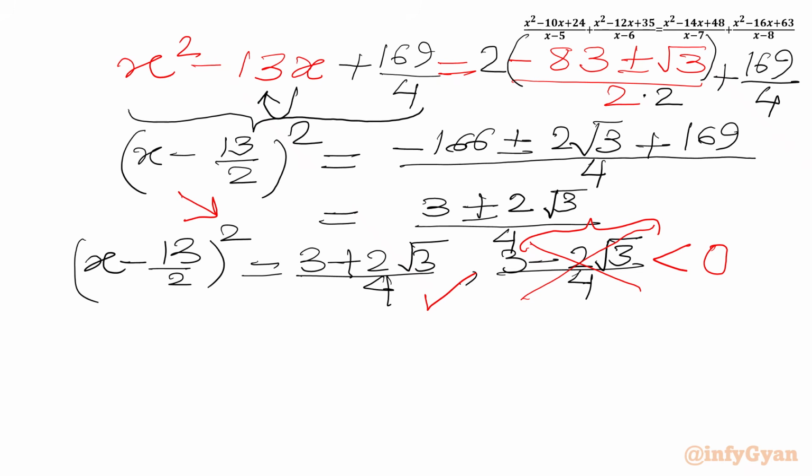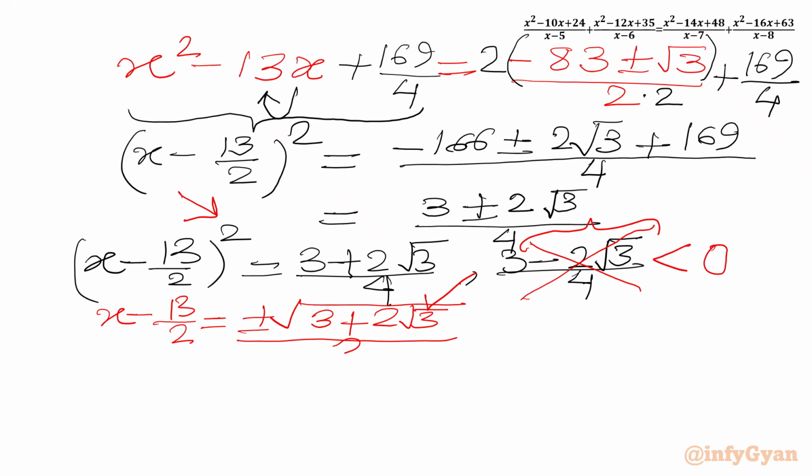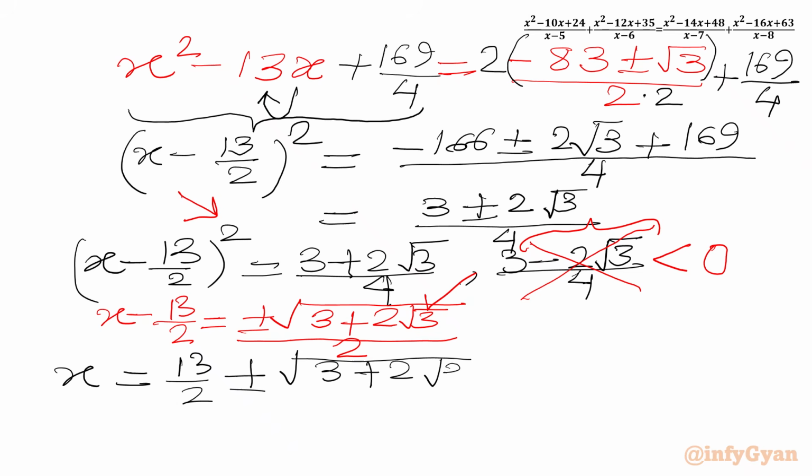We'll take a square root of both sides. So x - 13/2 will be equal to plus minus a square root of (3 + 2 root 3) over 2. Square root of 4 is 2. Now we have to add 13 over 2 to both sides and get our final answer. 13 over 2 plus minus a square root of (3 + 2 square root 3) over 2.